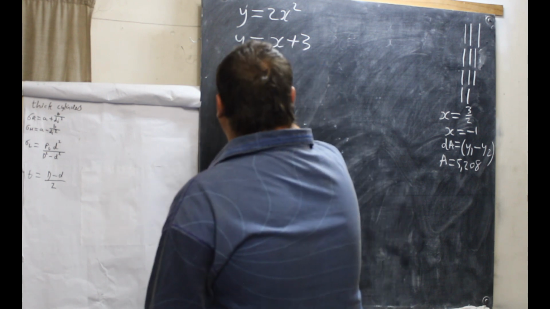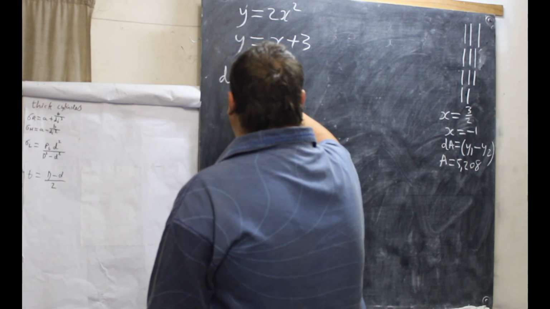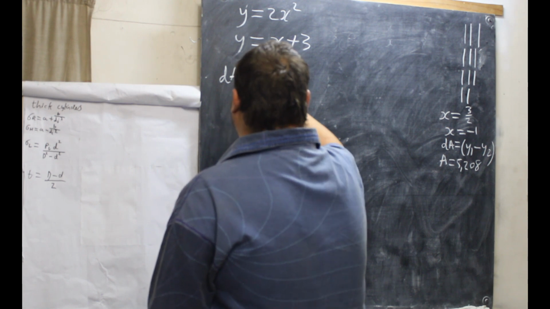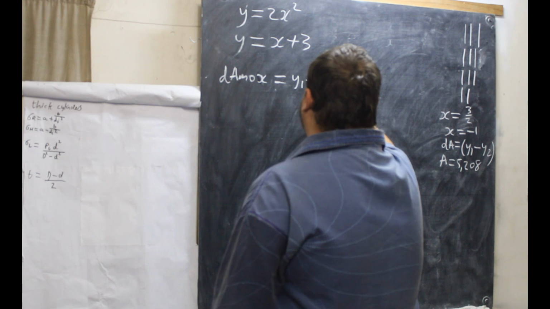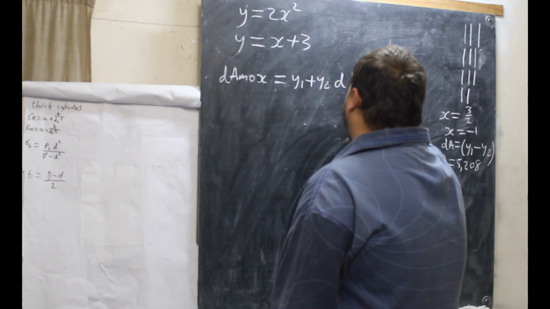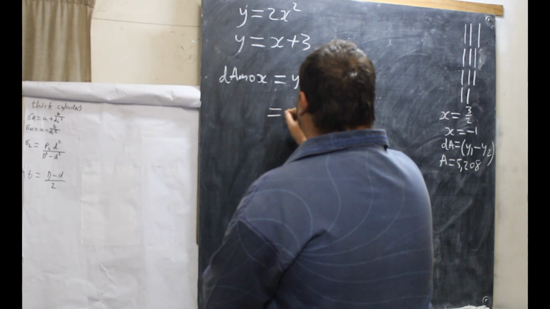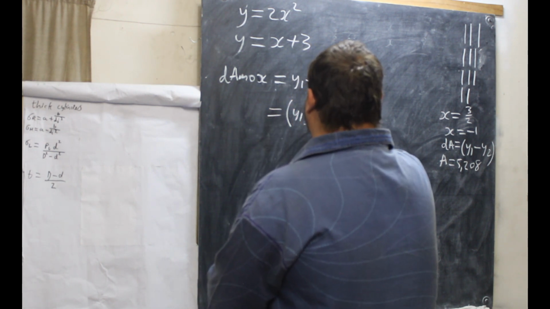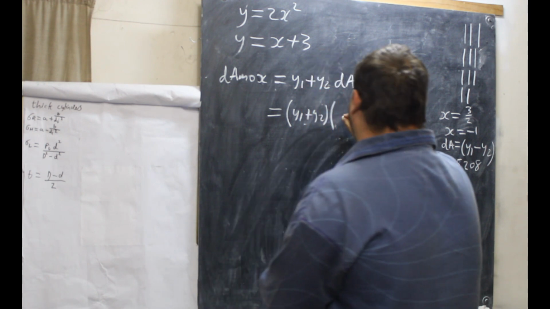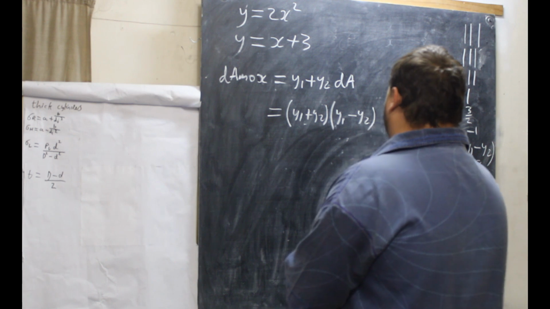The second stage looks like the integral of (y1 plus y2) dA. What we essentially have here is y1 plus y2 times y1 minus y2.